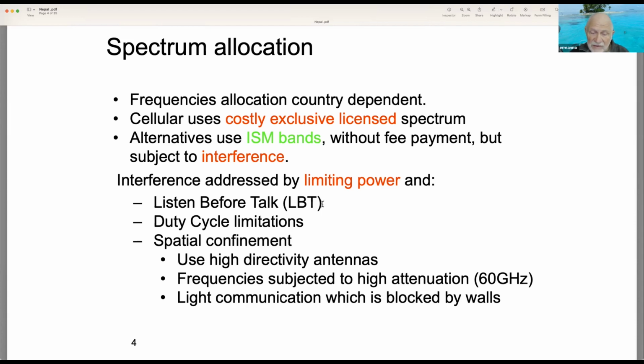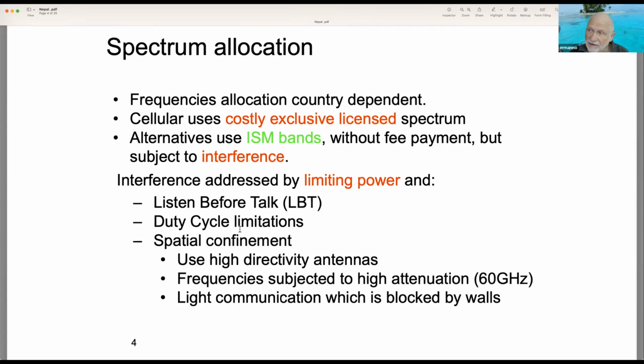But this is not the best for IoT applications. For IoT applications, the one that is most used is duty cycle limitations, which can take two different versions according to the regulation in the country.